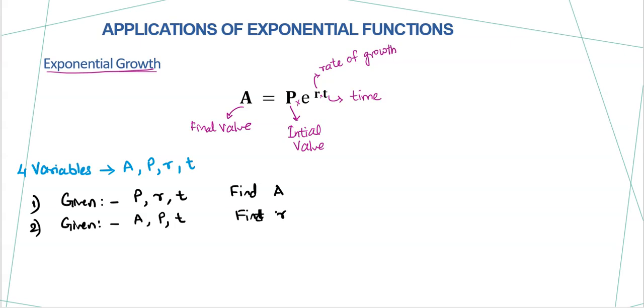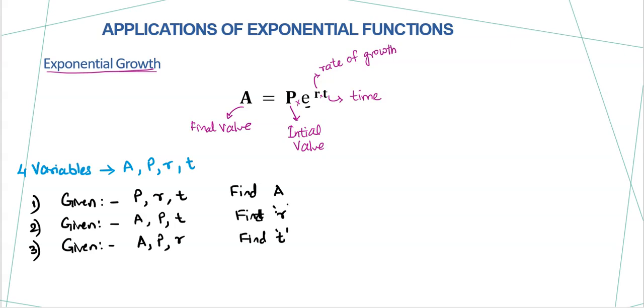Here you have to take the logarithm of both sides after simplifying to get the value of r. Why do you have to take the logarithm or ln? Because you have e here. Similar is the case when the initial value, final value, and the rate of growth are given and you have to find the time.